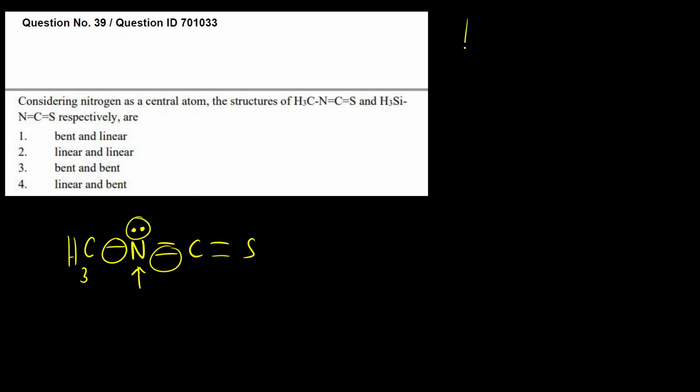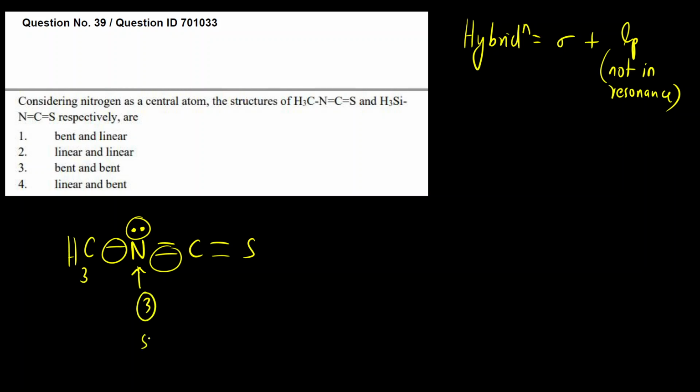Hybridization is the number of sigma bonds plus lone pairs not involved in resonance. So 2 plus 1, 3. So this will be sp2. So the geometry will be like this: H double bond C double bond S. This is bent.